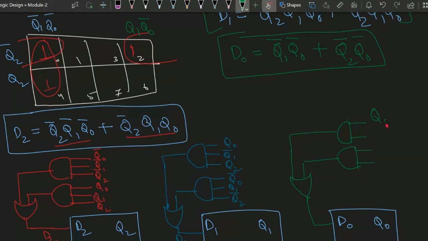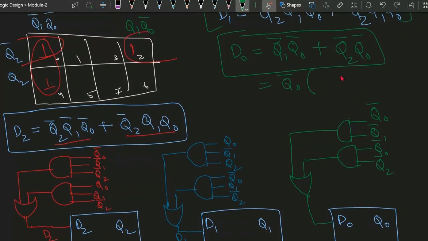So this will be Q0 bar, Q1 bar, Q0 bar, Q1 bar, and then Q0 bar and Q2 bar. Or we can further simplify it: we can take the Q0 bar common and it will become Q1 bar plus Q2 bar.